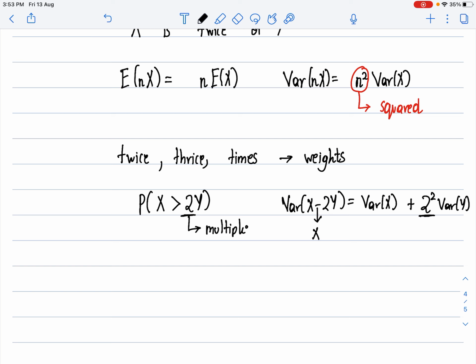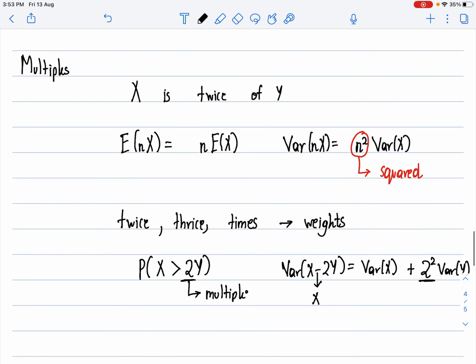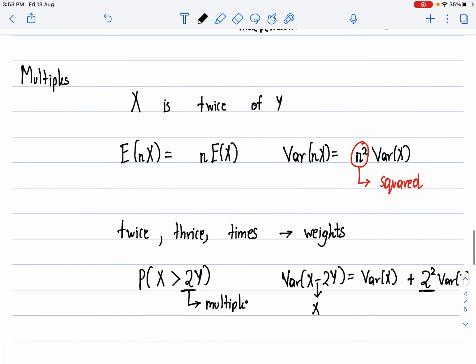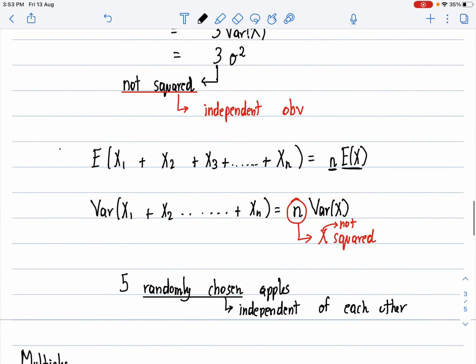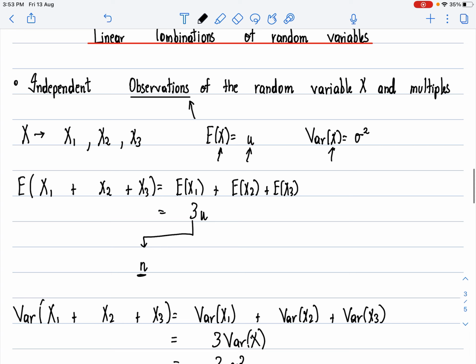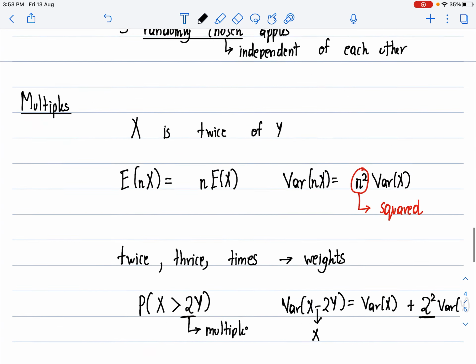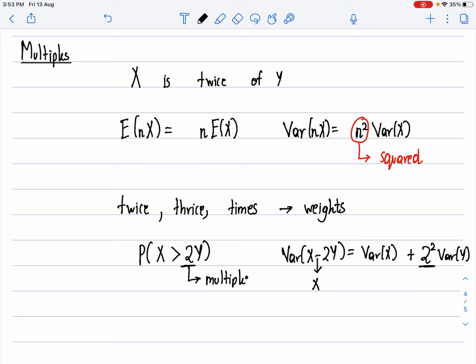The main thing is you need to identify whether your question is a multiples question or an independent observation question. Even if you didn't understand this concept now, it's perfectly all right. It's a little complicated to understand.